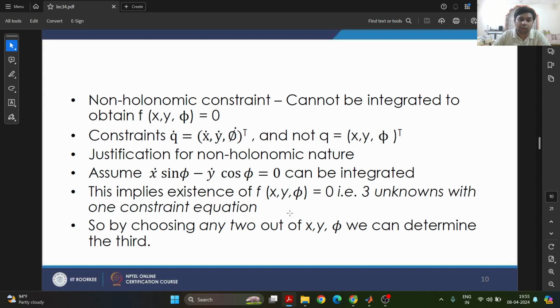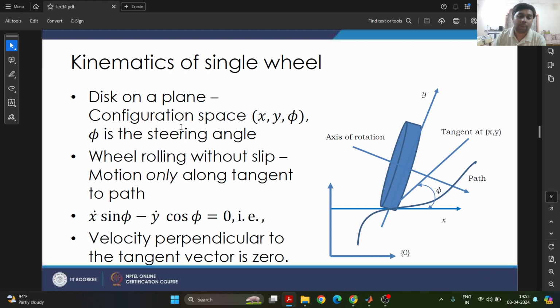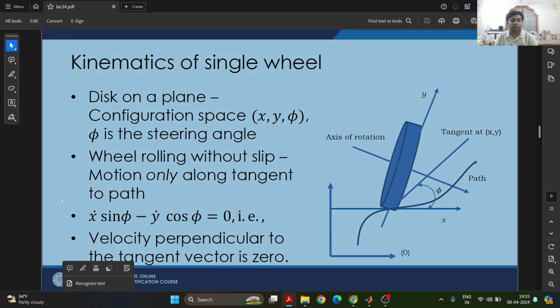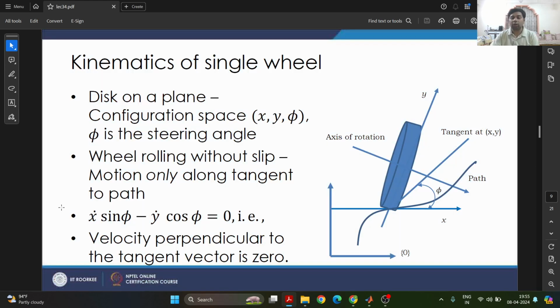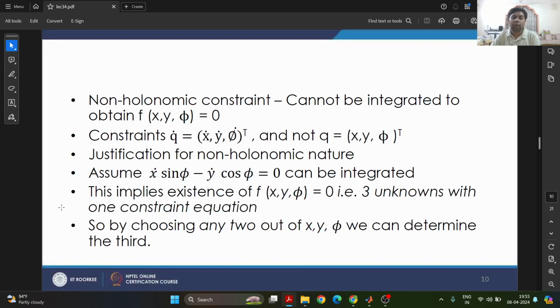Even I was not really clear about what they exactly want to say about this, but what I think is that this is that function f of x, y and phi that they are talking about, and that is not integrable. But I am sorry, I cannot really provide you a mathematical explanation of how exactly this comes about. I do not have much knowledge about this concept.